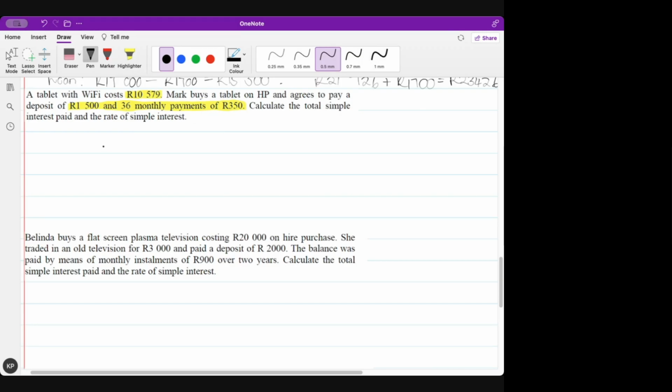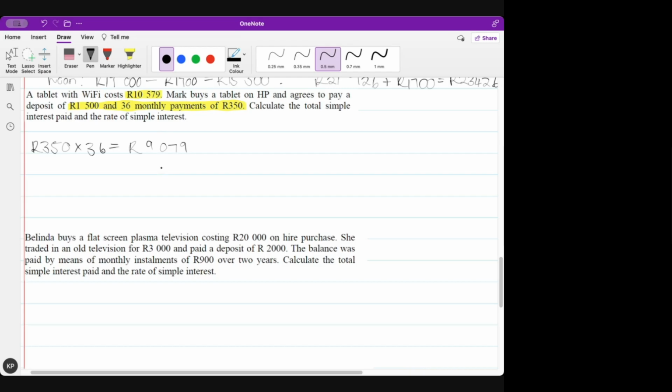So let's first find the accumulated amount, which is 350 Rands times the number of months he paid.